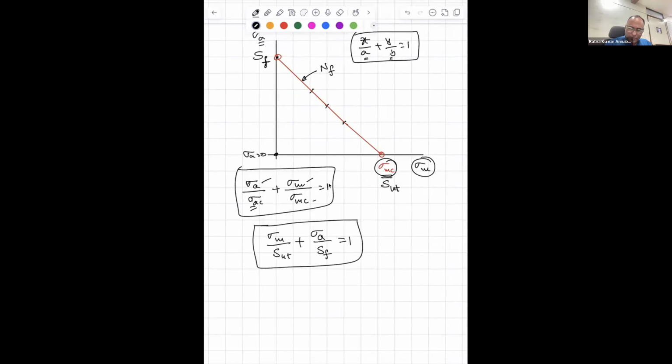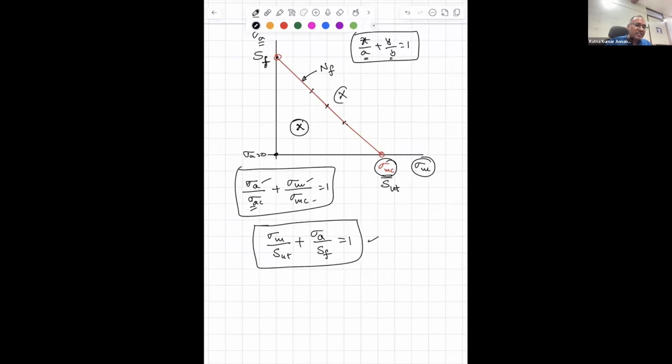Can I write that? Yes, sir. So any point where my stress combination sigma m, sigma a is within this boundary, that means the material is experiencing a combination of mean stress and alternating stress somewhere here, then this is safe.